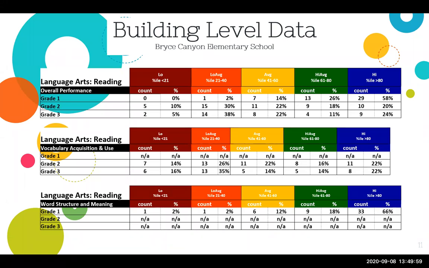And they've set a building-wide challenge or improvement goal: 70% of students will meet proficiency in this area by the end of the 2021 school year, as evidenced by their benchmark assessment data.